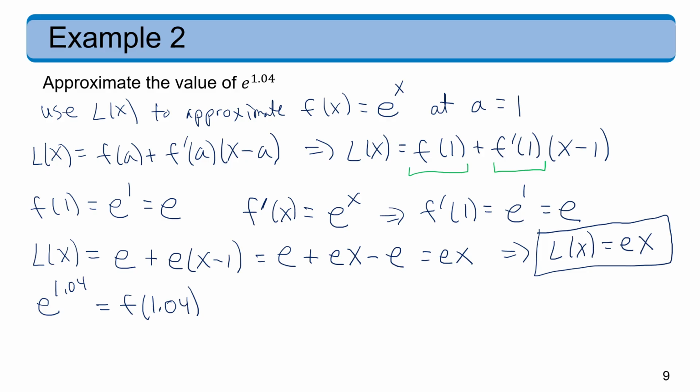Okay, but then we're using L to approximate f, so this will be approximately equal to L evaluated at 1.04. And then to find L of 1.04, you just plug 1.04 into the formula for L. So it will be e times 1.04. I'm going to flip the order, 1.04 times e.